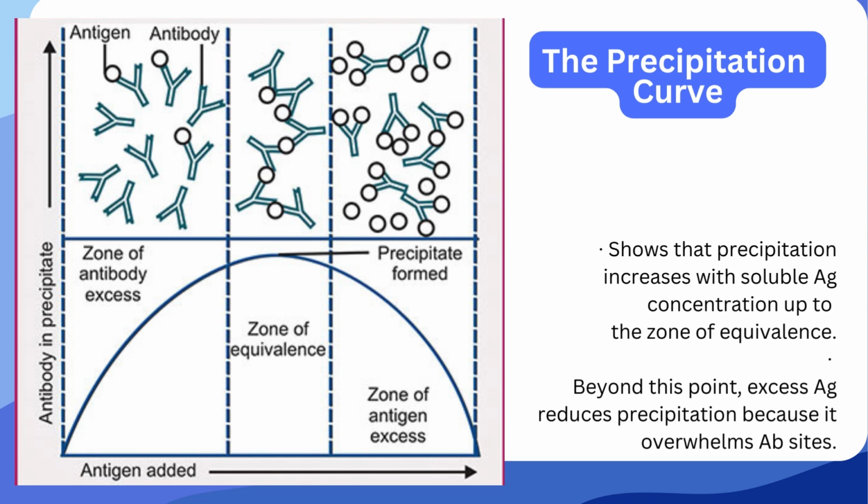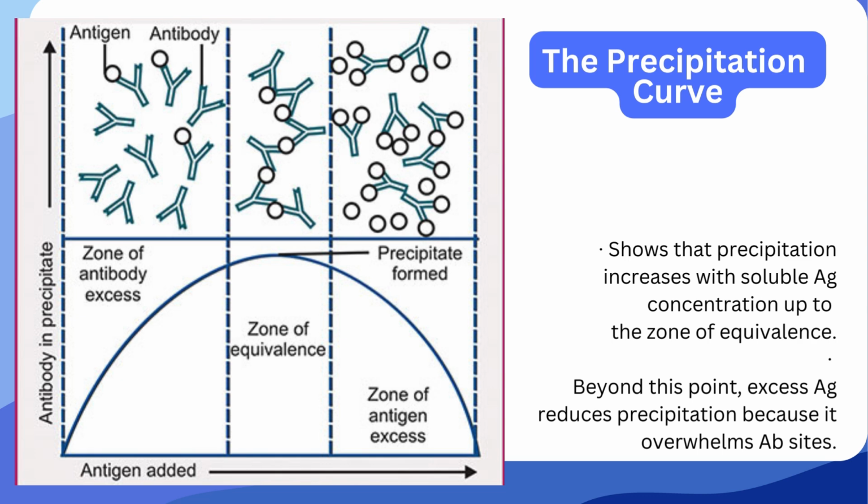The second reagent's concentration is serially increased in the test samples. So for example, here we have an increasing amount of antigens and a constant amount of antibody.